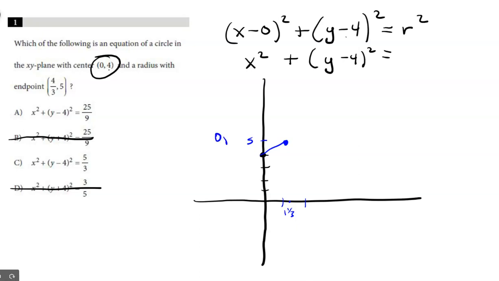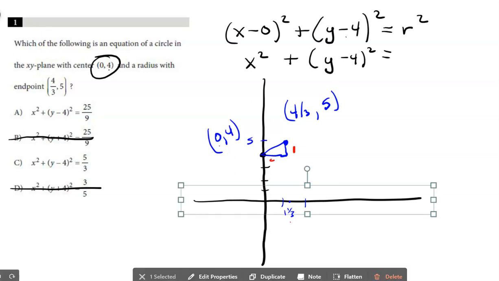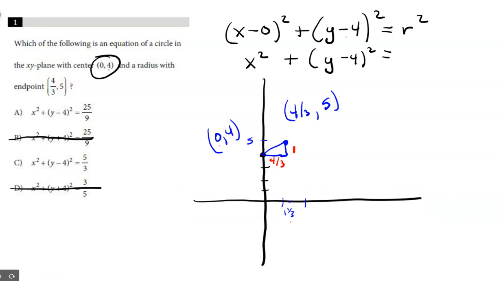So my point is at (0, 4), and my other point is at (4/3, 5). I can do a little Pythagorean theorem move here. My height goes from 4 to 5, so this is going to be 1. And over on the side, from x of 0 to 1 1/3, that's 4/3.